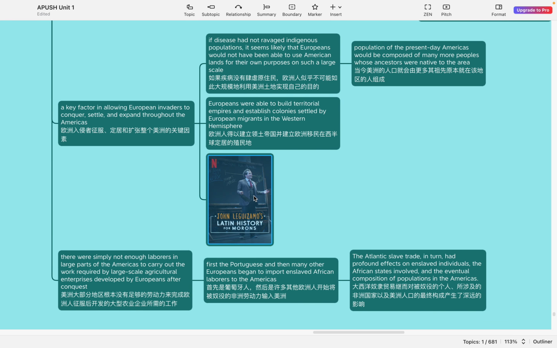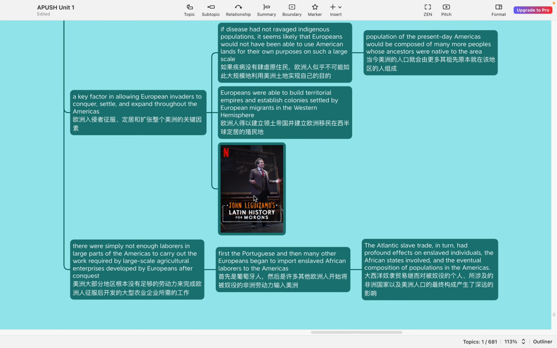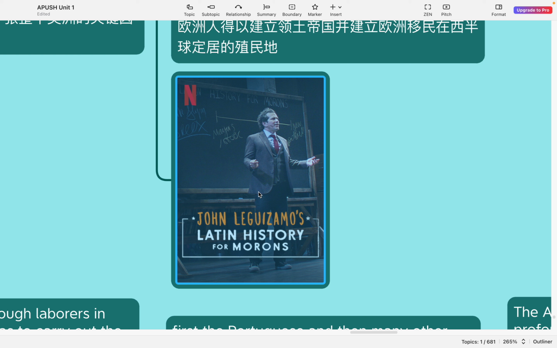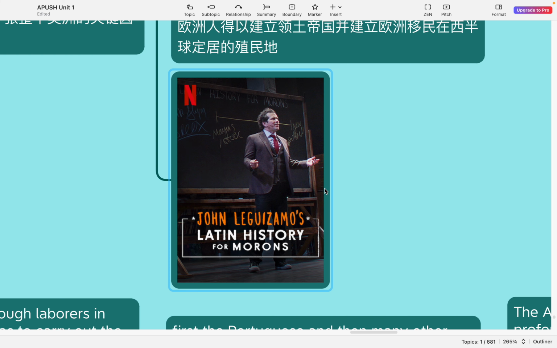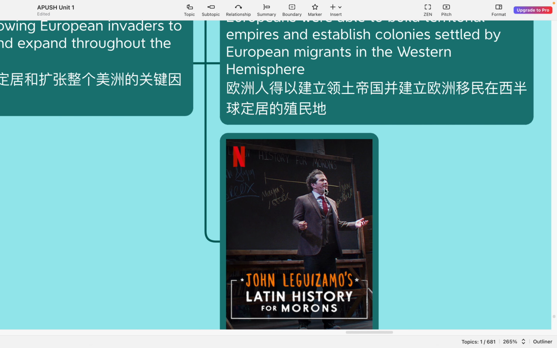This point was humorously and poignantly emphasized in the 2018 stand-up show John Leguizamo's Latin History for Morons, where comedian John Leguizamo highlights the existence of infectious diseases in European colonization of the Americas. It's like the universe threw in a cheat code for the Europeans, but at a massive cost to the indigenous peoples.